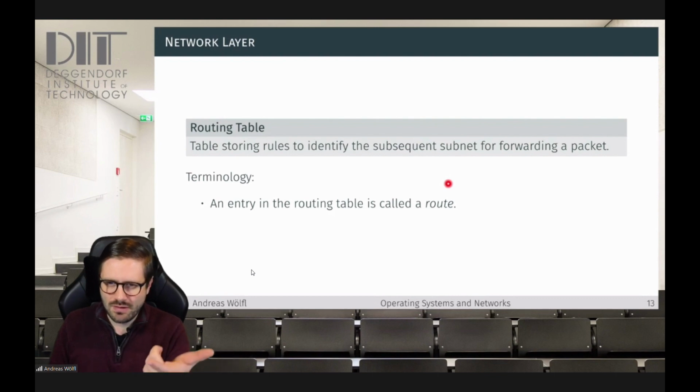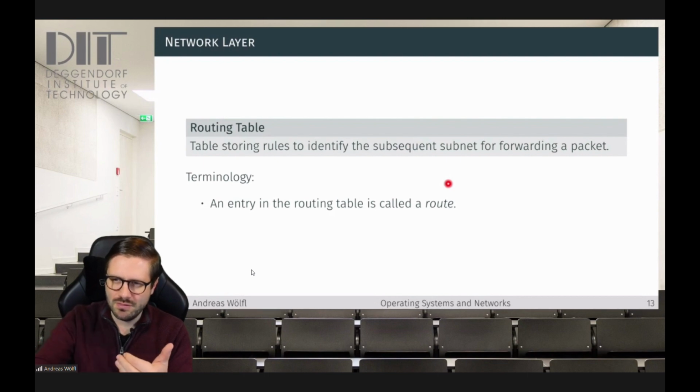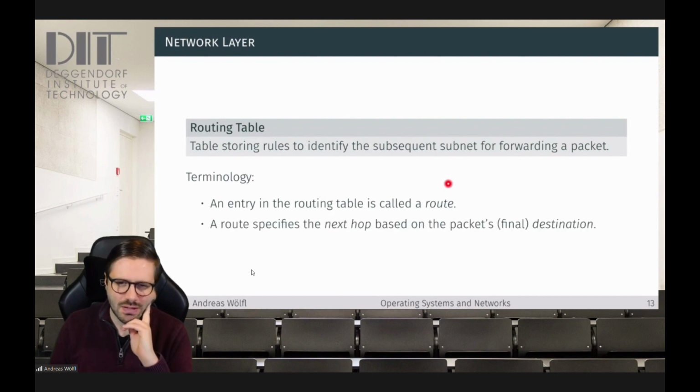So basically the routing table identifies the follow-up subnet for one packet. And an entry in the routing table is called a route. And these routes are typically defined by network engineers. And this is a crucial information.